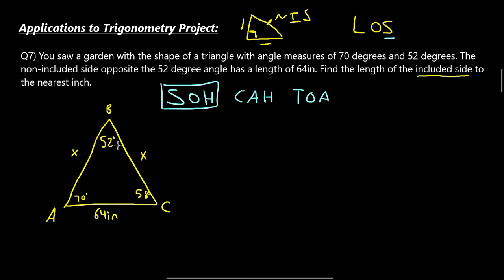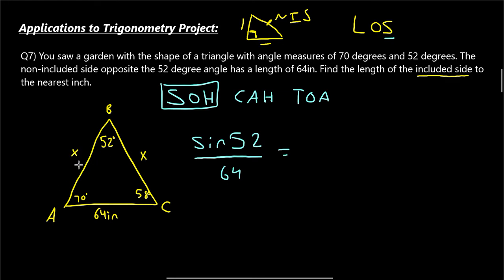So we look at sine of B. Sine of 52 is equal to the opposite side, 64, so sine of 52 over 64. We can't use the hypotenuse since this is not a right triangle, so we just look at the side opposite. We have sine of 52 over 64 is equal to, and we can solve either one of these first.